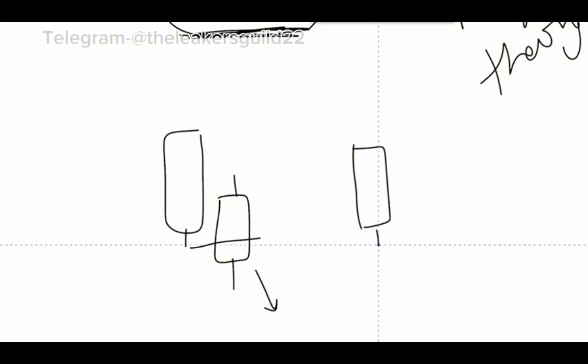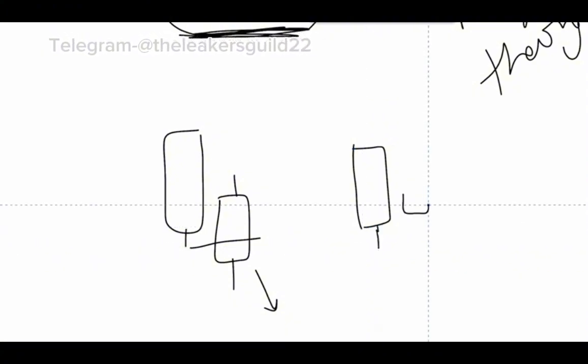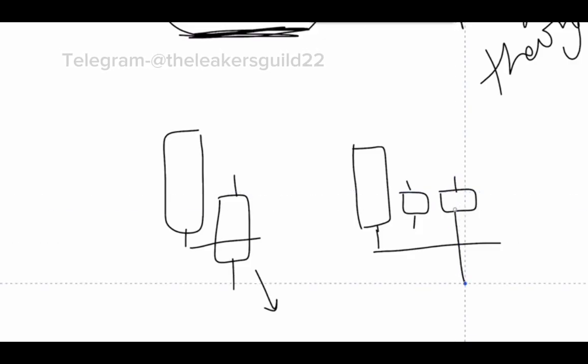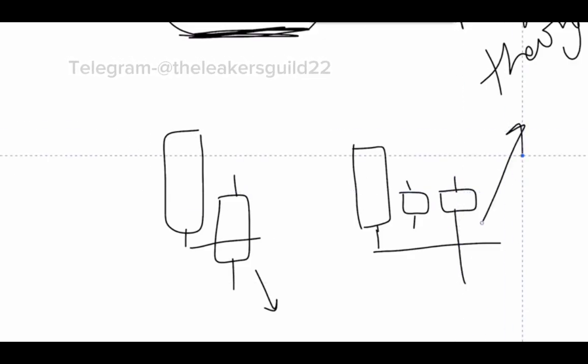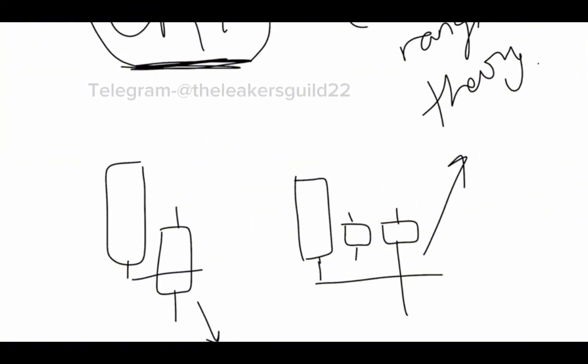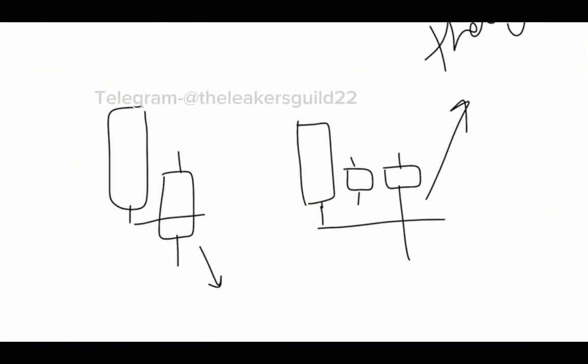Or it can be turtle soup, then it rallies, right? Or vice versa, if it wicks above. Right. That's the summary. The summary is every single candle is a range, and using the current range and the previous range, you will try and predict the next range. That's it. Right? That's the easy way.